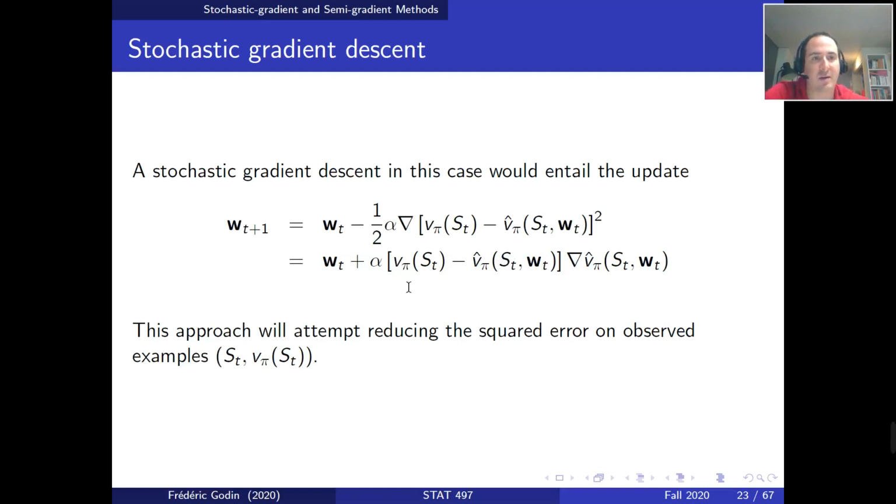Because we're moving W, we also impact the estimates of the other states. So even if for state st the approximated value function becomes closer to the true value function, for all other states we have no such guarantee. It might decrease the quality of the approximation for other states. Because of that, it's not necessarily good to have too large a step every time, since even if you improve the situation for one state, you might have adverse impacts on the approximation of other states. So you might not want to move W too much at a time.